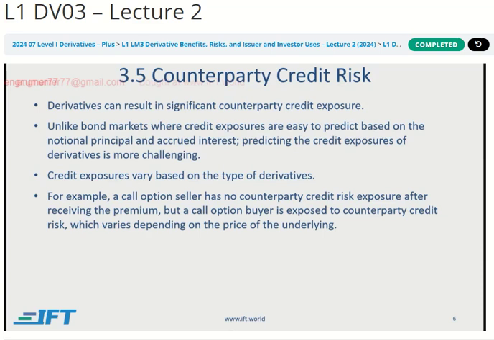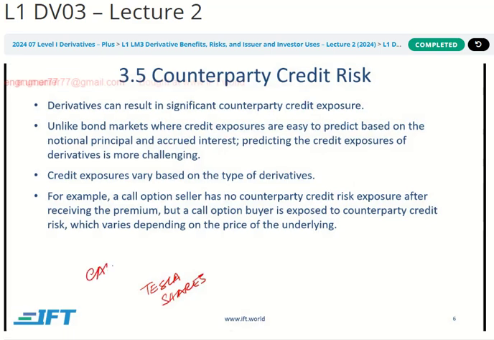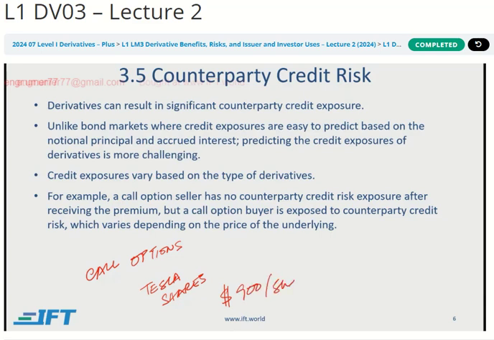Another risk is the counterparty credit risk. Let's say we are investing in shares of Tesla, and we're not actually buying the shares, we are getting call options. The current price is, let's say, $900 per share, and we think it can become $2,000.